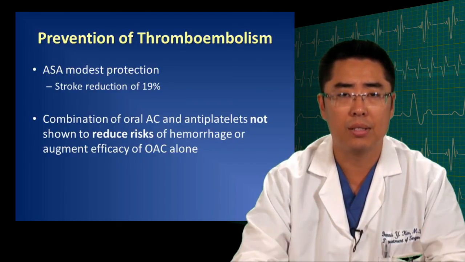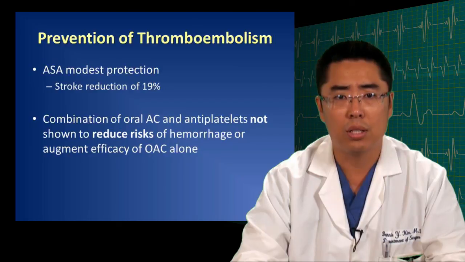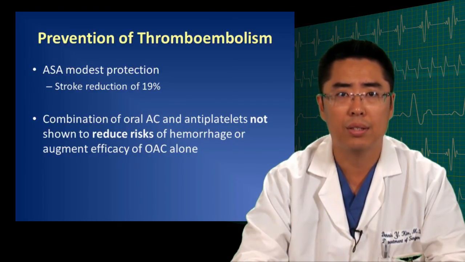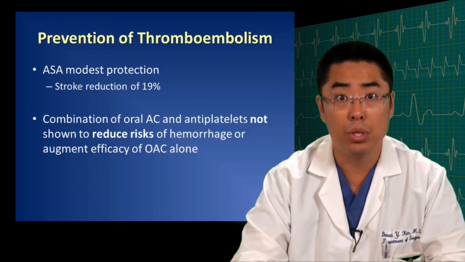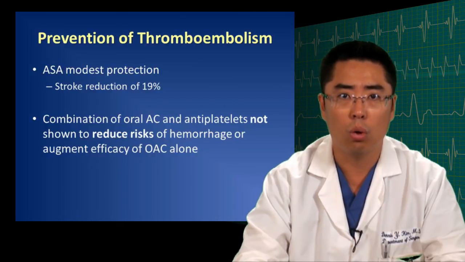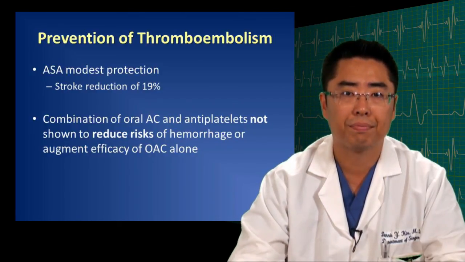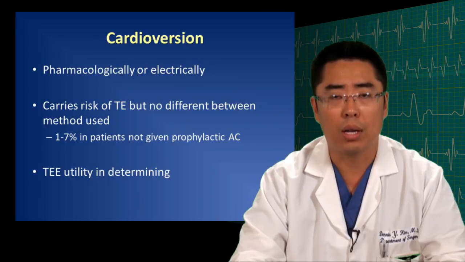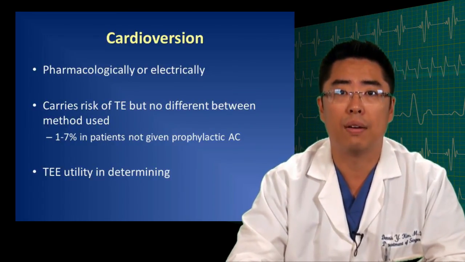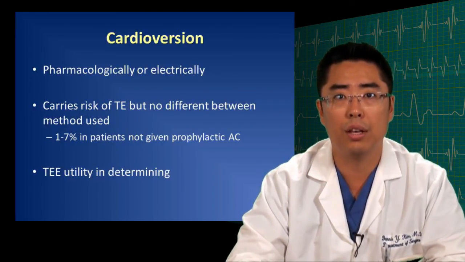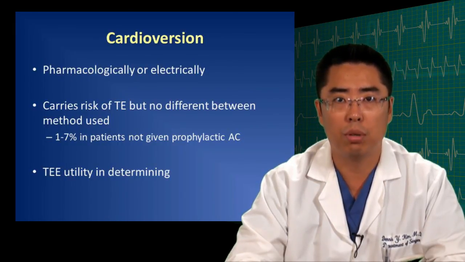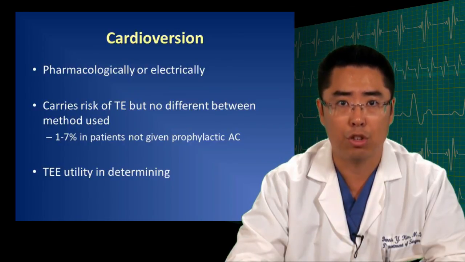It should be emphasized that thus far, data does not support the use of combination oral anticoagulation and antiplatelets, as this has not been shown to reduce the risks of hemorrhage or augment the efficacy of oral anticoagulation alone. In general, it is recommended that patients who do not have stents and require antiplatelet agents remain on oral anticoagulation alone, as this should provide sufficient cardiac as well as cerebrovascular protection.